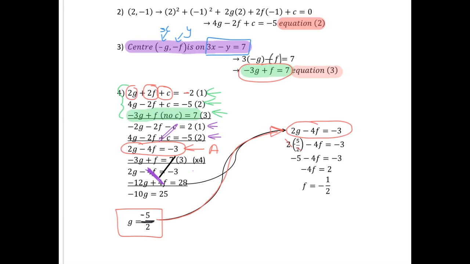We still have our -4f, and we have -3 on the other side of the equals. Rearranging this equation, we can find -4f is 2, so f is -1/2. So now we have the second part of the information we need, and next we just have to find our value for c.